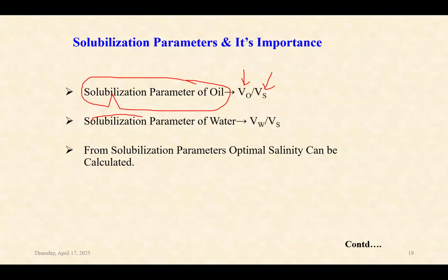And the solubilization parameter of water means how much volume of water is there and how much volume of surfactant is there. Okay. Now this can be obtained by material balance. We'll see.